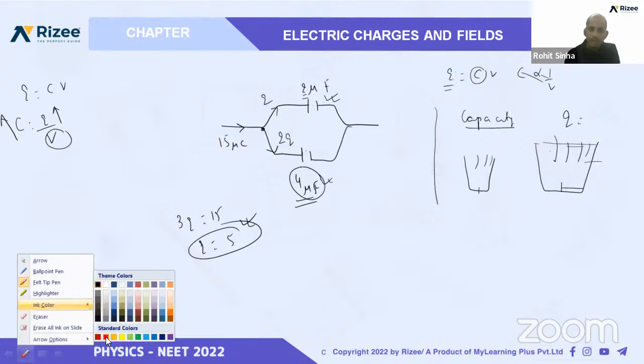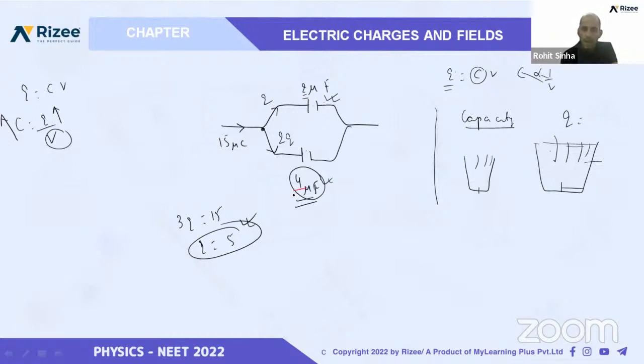The 4 microfarad is double the 2 microfarad, so if it can hold Q charge, the other will hold 2Q. Total charge at this point will be 3Q, and this 3Q is equal to 15 microcoulomb, calculated earlier. By this we get Q is equal to 5.